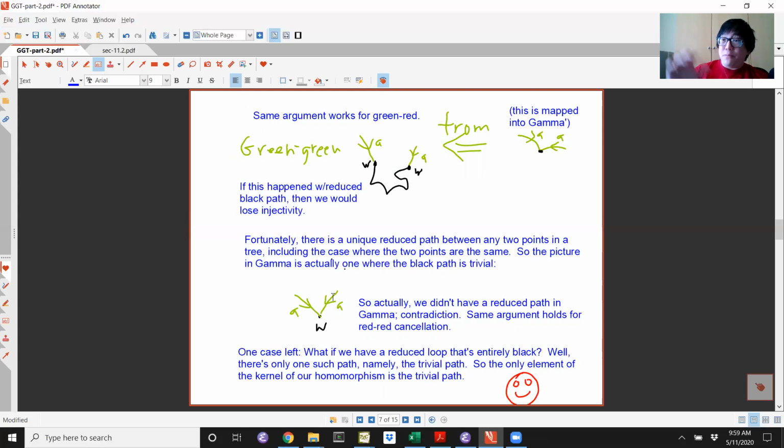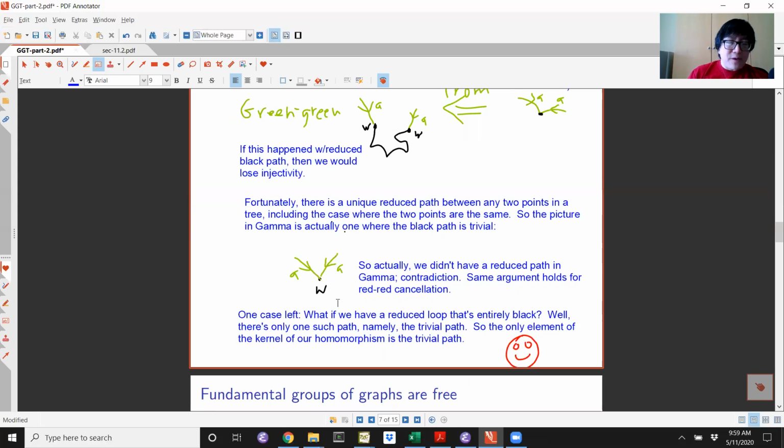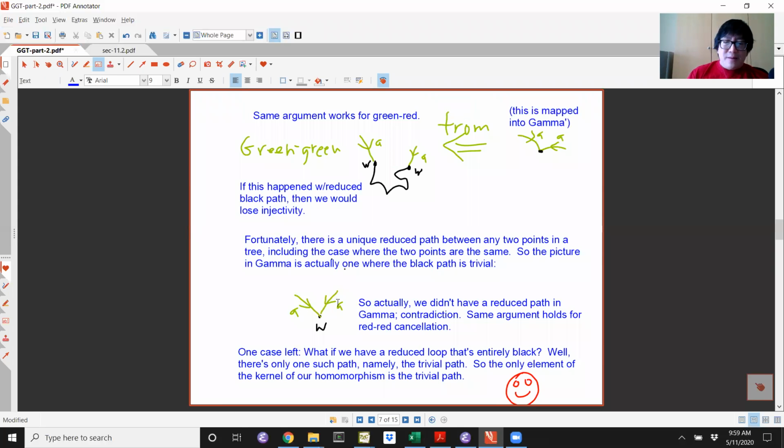But fortunately, it's part of the characterization of trees that there's a unique reduced path between any two points in a tree, including a point and itself. And so the only way we can get this in gamma prime is if we have this back in gamma, which means we started off with something unreduced to begin with, so that's a contradiction.